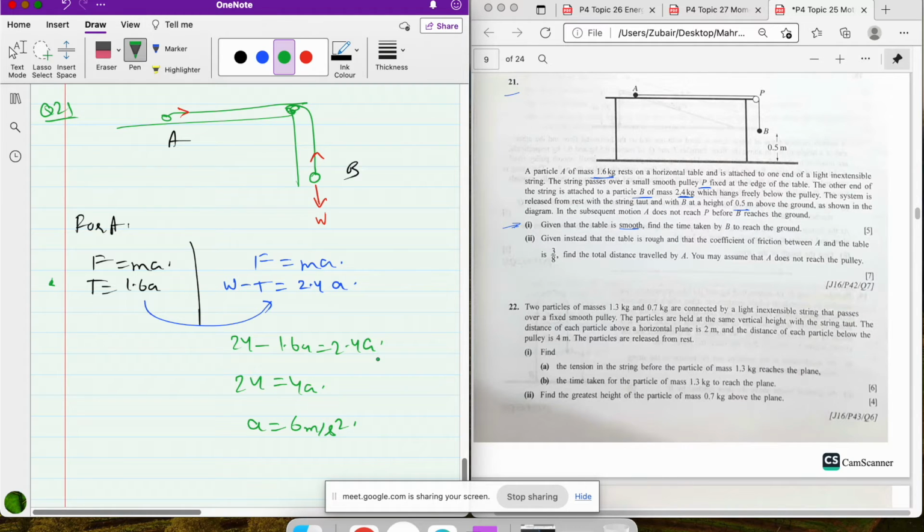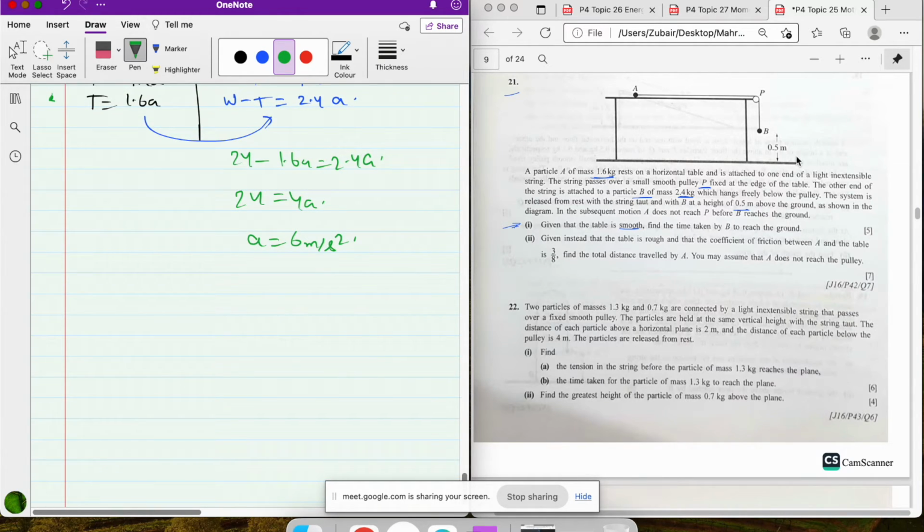Now I have the acceleration and the displacement, which is given in the diagram as 0.5. So for B to reach the ground, s equals ut plus half at squared. The displacement is 0.5, the initial velocity is 0 because it is at rest, plus half times the acceleration 6 times t squared.